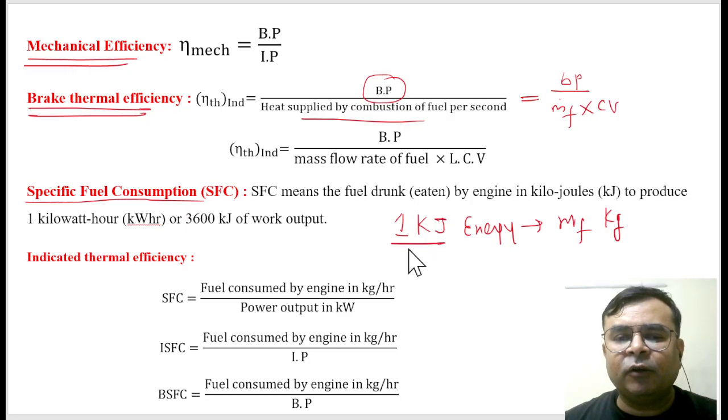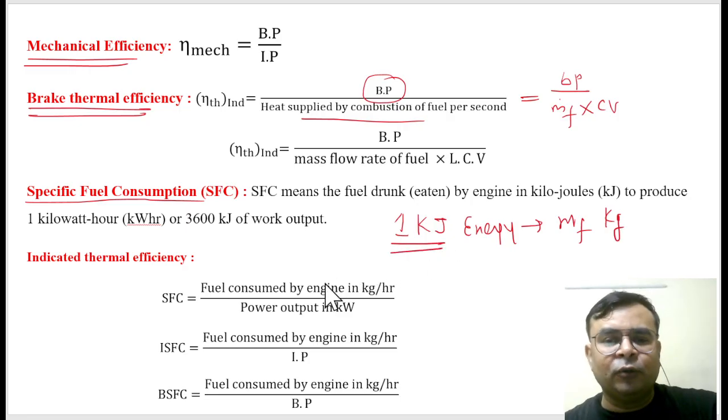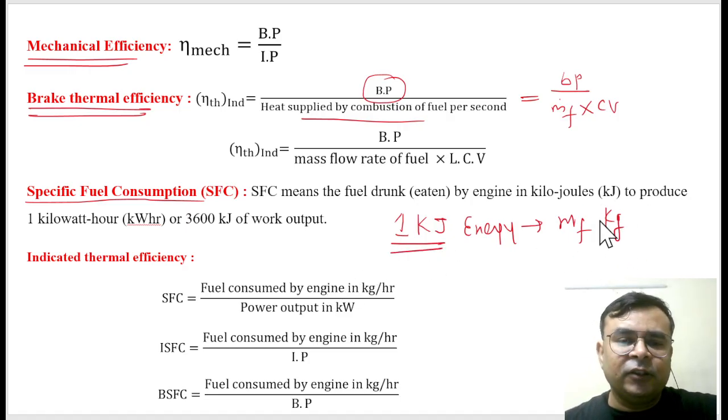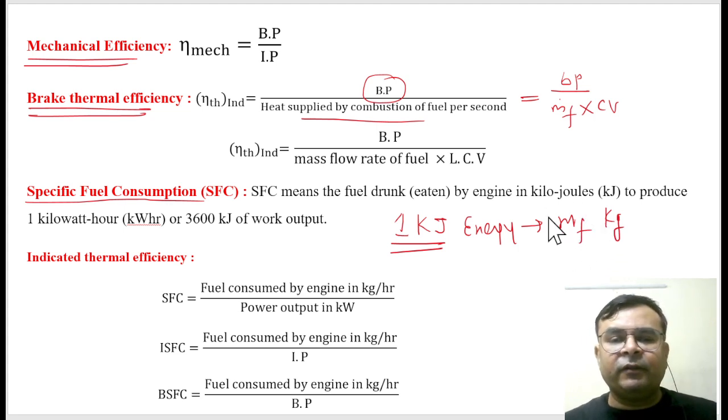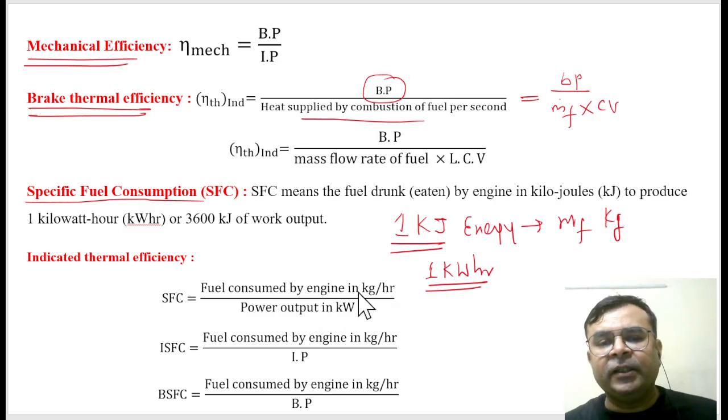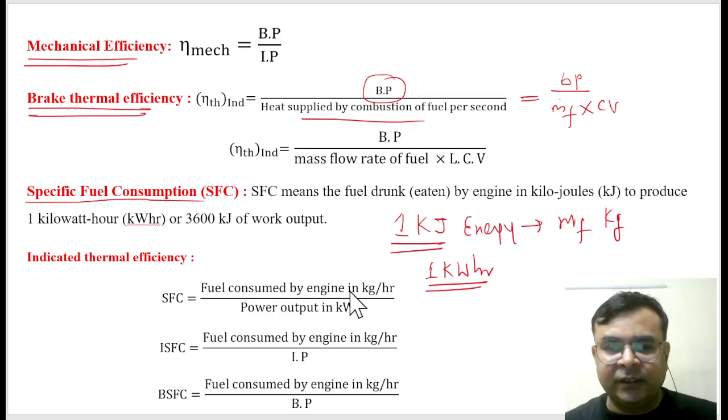So if you want 1 kilojoule of energy, then how many kg of fuel is actually supplied? This is called specific fuel consumption. Generally it is represented per 1 kilowatt hour, meaning 1 kilowatt power supplied within 1 hour, how much fuel supply is required? Is it right? So this is called specific fuel consumption.